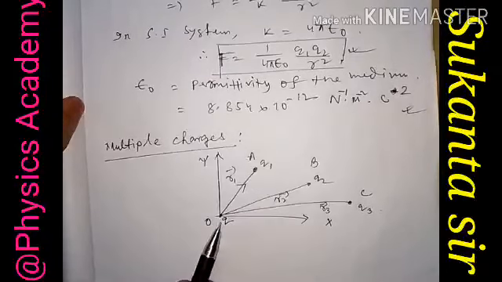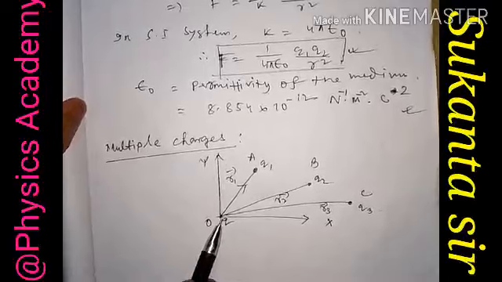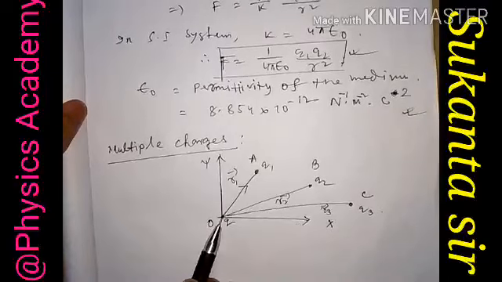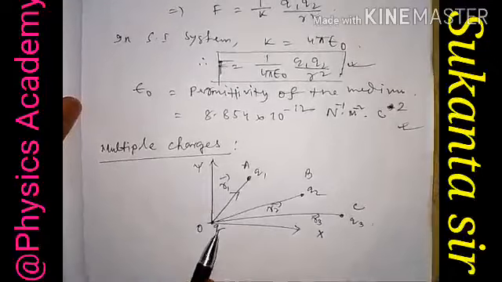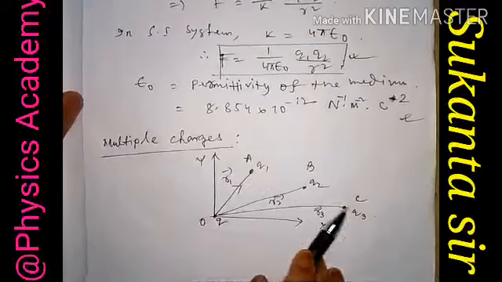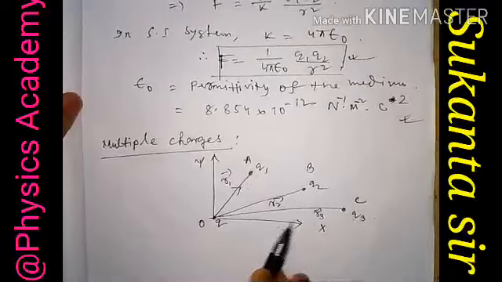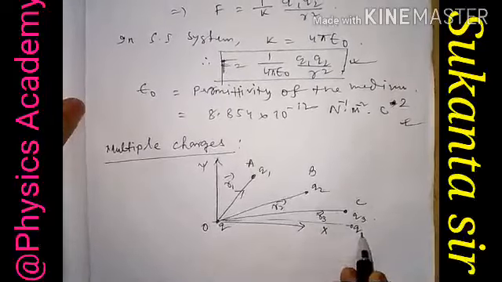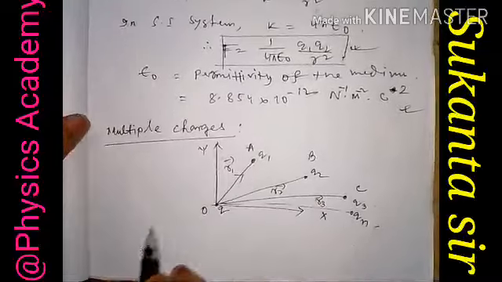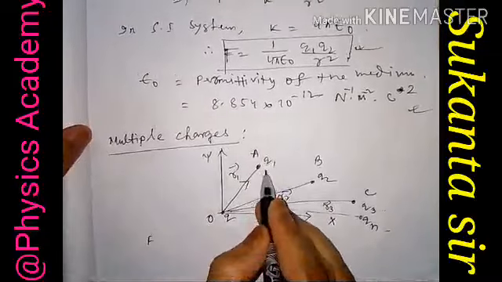Let a charge Q be present at the point O, then the force acting on that charge by this multiple of charges q1, q2, q3, dot dot dot qn, total n number of charges present here, we can write in this way.